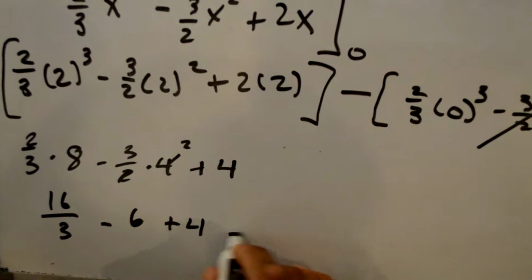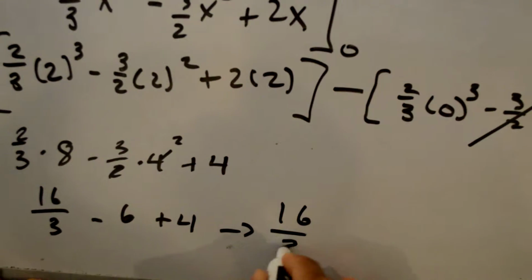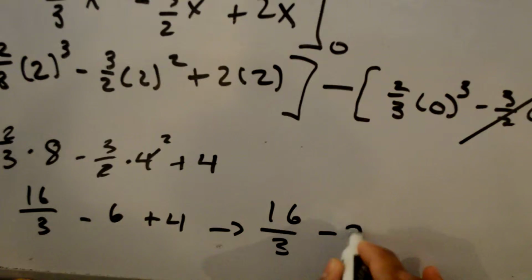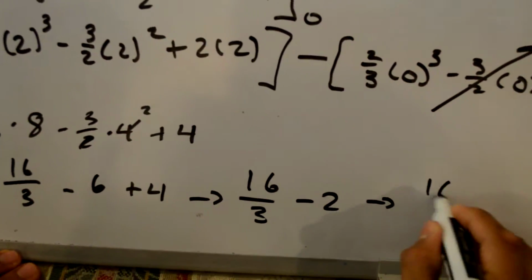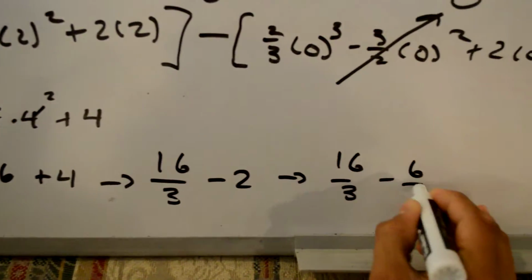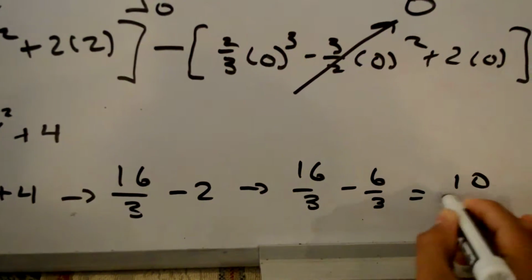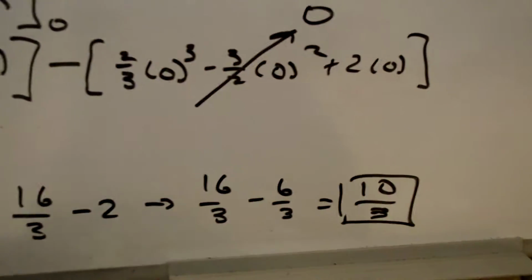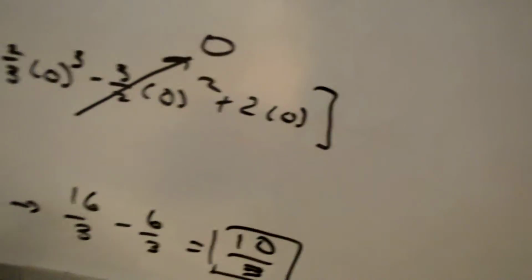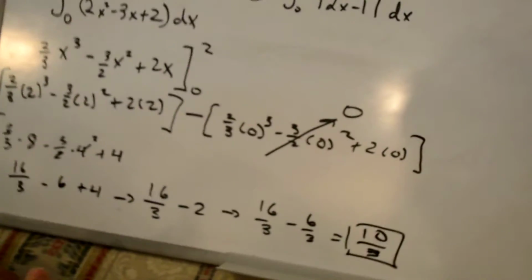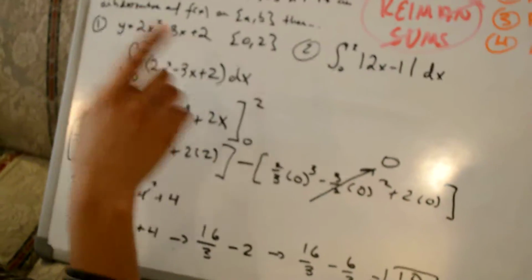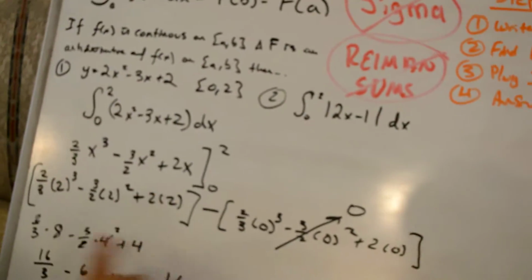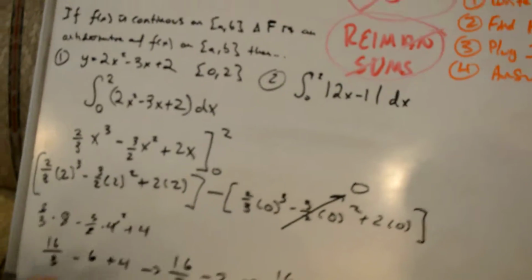So this will be 16/3 minus 2. So the answer is 10/3. So see how that's so much simpler than having to find our Riemann sums and all that sigma. So now by using the fundamental theorem of calculus, we could find this so much more easily, right?